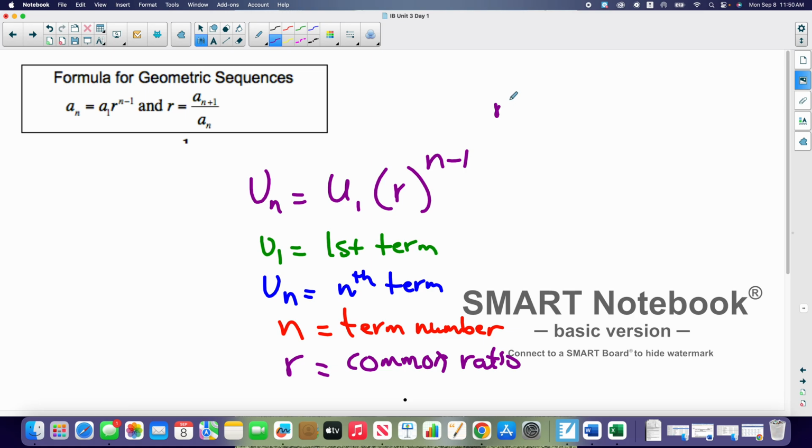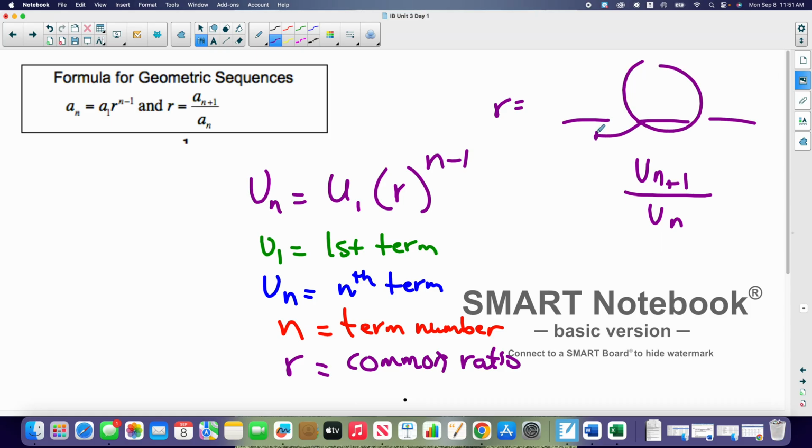To find the r value, you would take the term number n plus 1 and you divide it by n. So you're going to take this one and divide by the one in front of it. So if this was 8 and that was 4, then we would do 8 divided by 4. That's how we would do it. So take the second one, divide by the first. Or take the third, divided by the second.